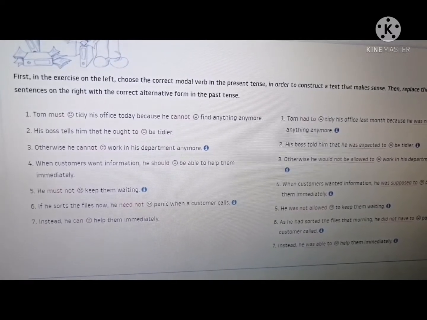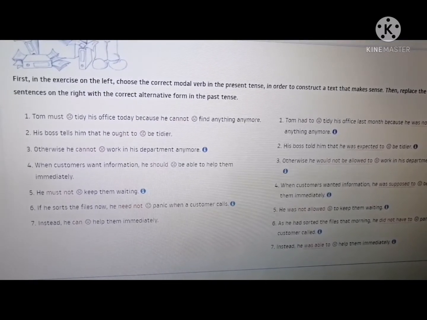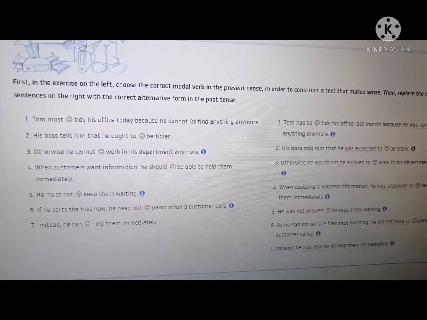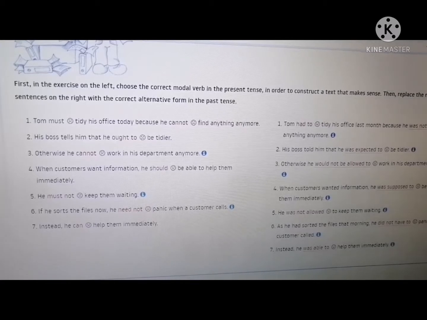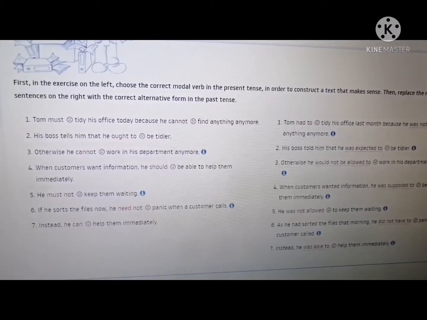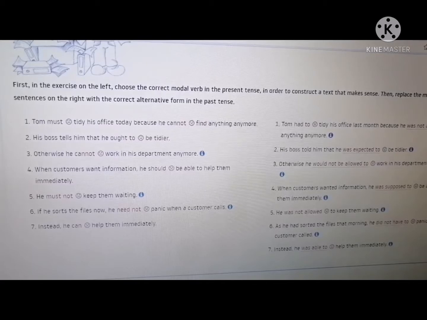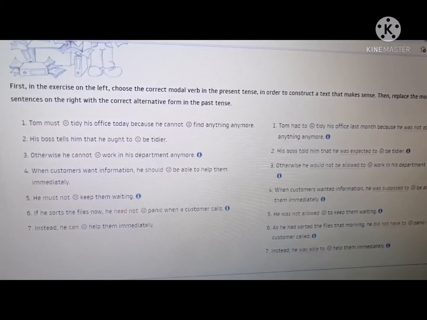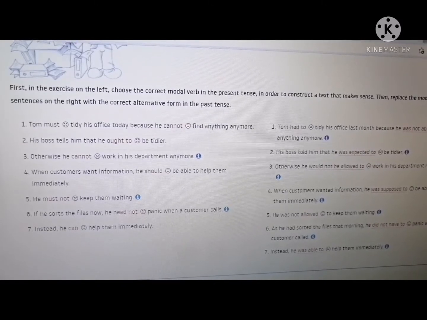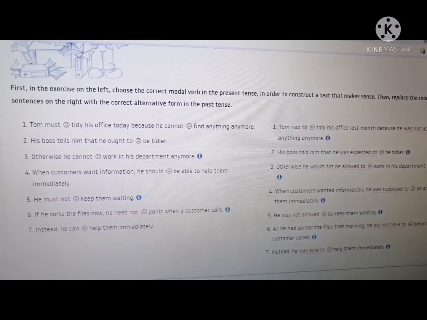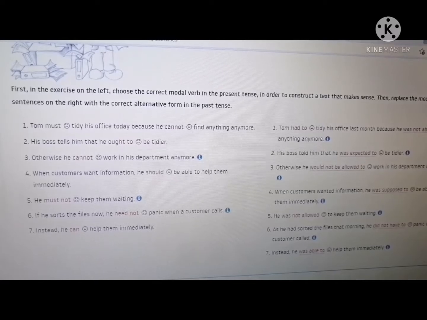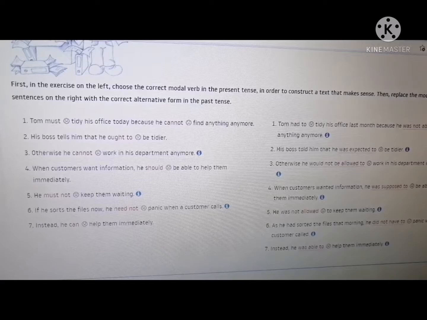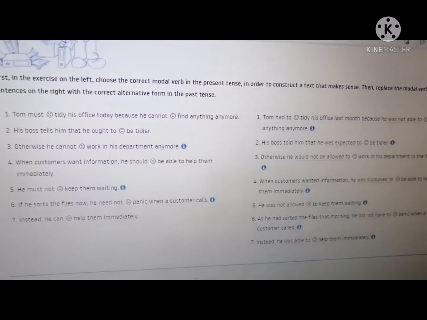His boss tells him that he ought to be tidier. Otherwise, he cannot work in the department anymore. When customers want information, he should be able to help them immediately. He must not keep them waiting. If he sorts the files now, he need not panic when a customer calls. Instead, he can help them immediately. Then here is the other side.